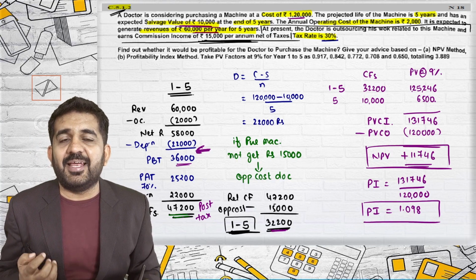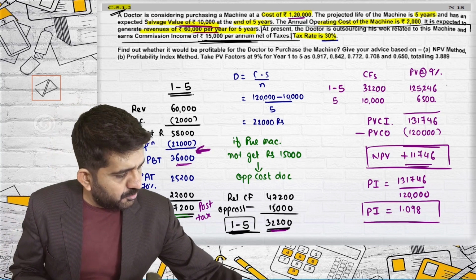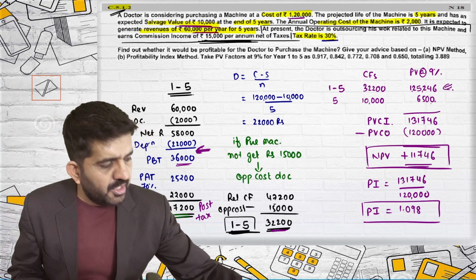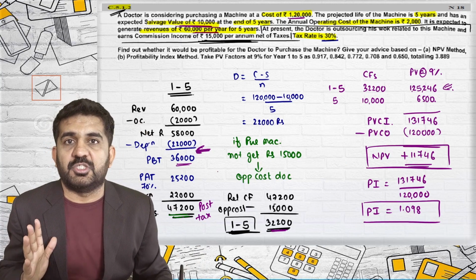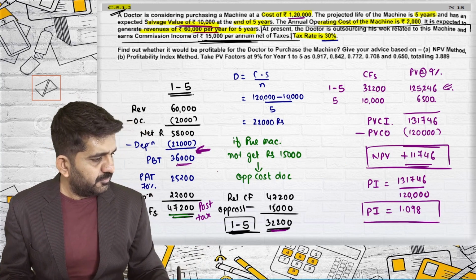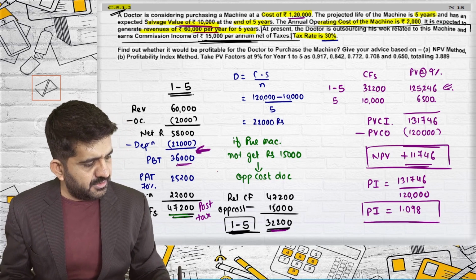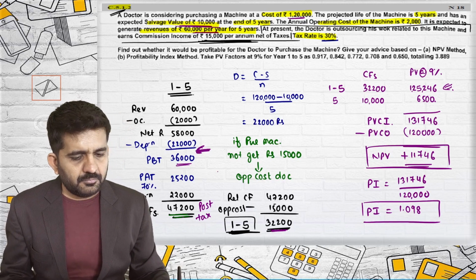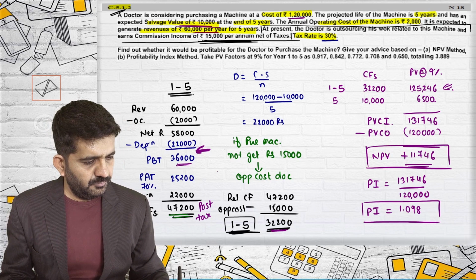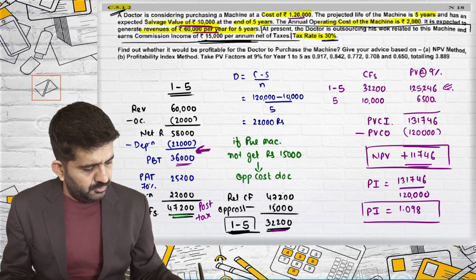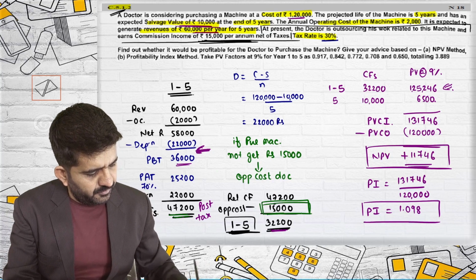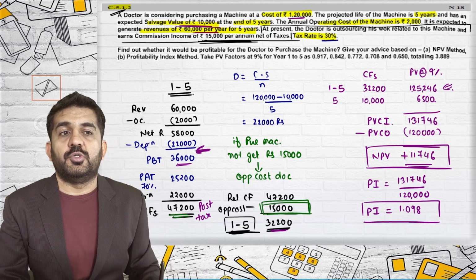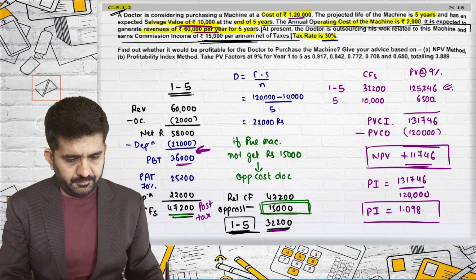If you directly do it from a calculator, if you find out this present value factor in your calculator, your answer will be nearer to the correct answer. What is the only important point? This one. 15,000, which is opportunity cost.